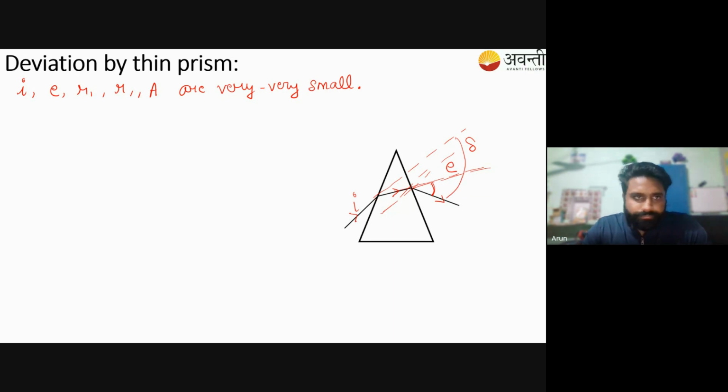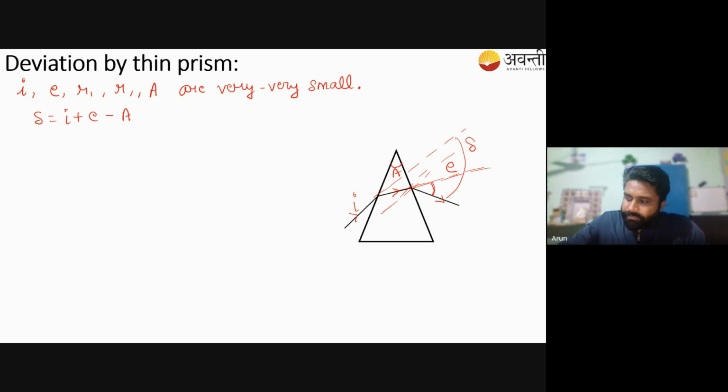For a thin prism, you have to keep in mind that I, E, R1 and R2 and A, the angle of prism, are very, very small. This is A. For the deviation, del is equal to I plus E minus A, from the general case.